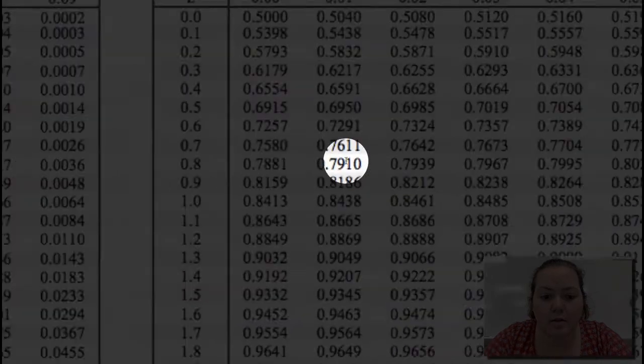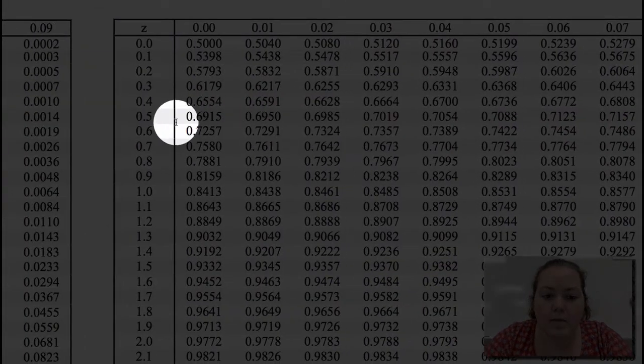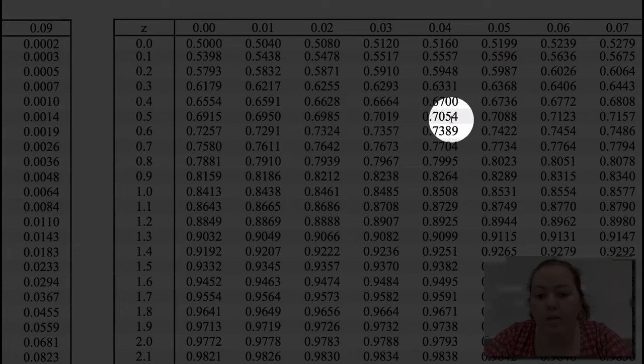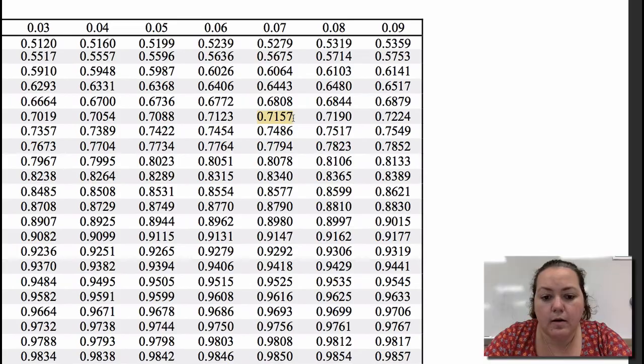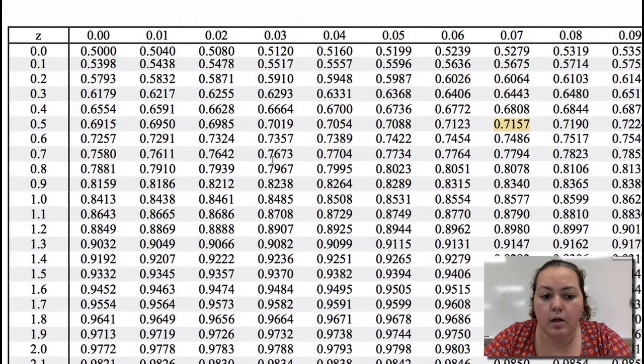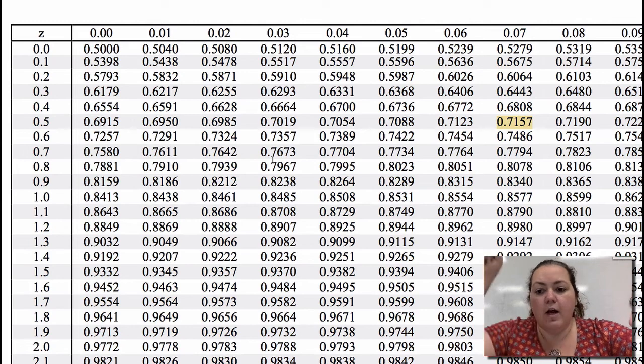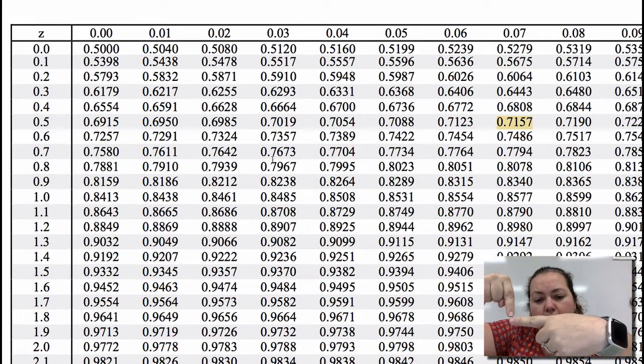I'm going to zoom in on this a little bit. 0.5 is right here. 0.50, 0.51, 0.52, 0.53, 0.54, 0.55, 0.56, 0.57 is right here, this value. Okay, so I went down to 0.5, over to 0.7, and I found that value.